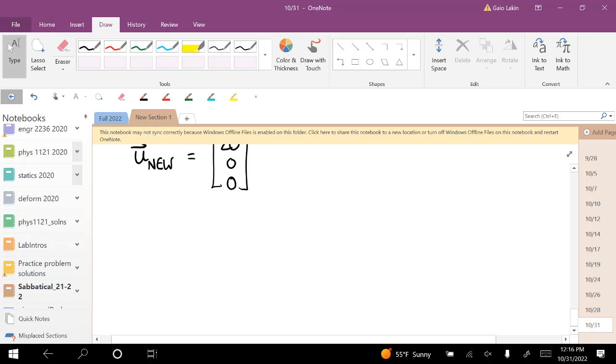Okay, so now we're going to use this to calculate the internal loads for a beam that's not horizontal.